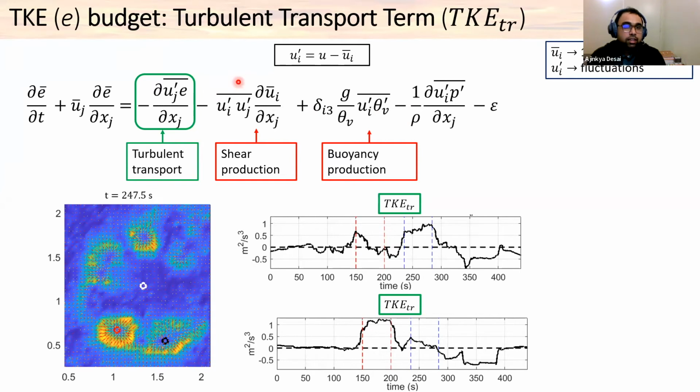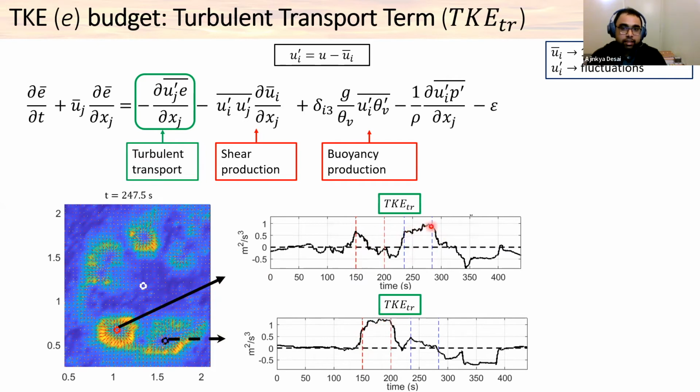Shear production is useful in this case, but for now I'm going to skip the discussion on shear production because the most interesting things are happening with the turbulent transport term. So focusing again on these two fixed points formed at 247.5 seconds, if you look at the turbulent transport term, again at 1 minute moving means for these two fixed points, you see that decreasing trends at one fixed point are accompanied by increasing trends at the other, and vice versa.